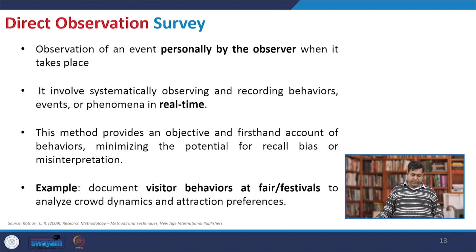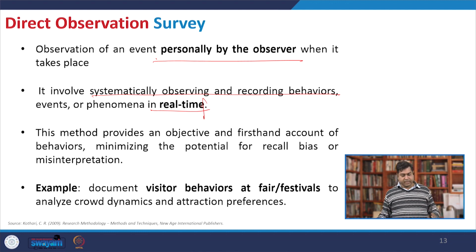Direct observation survey. So observation of any event personally by the observer when it takes place. It involves systematically observing and recording the behaviors and also the phenomena in real time. So this is something that is real time occurring. This method provides an objective and first hand account of behaviors, minimizing the potential for recall bias or misinterpretation.